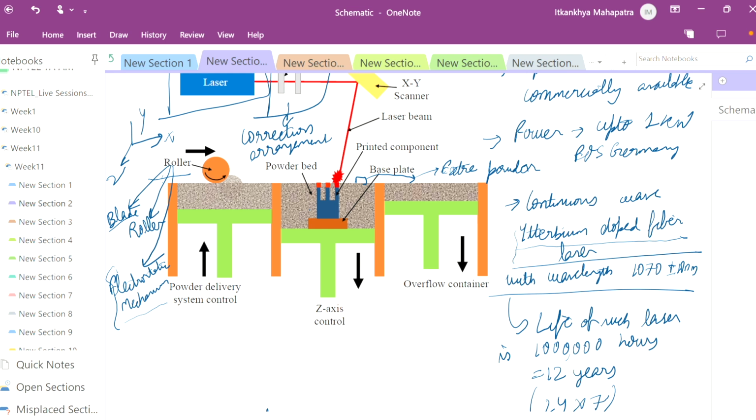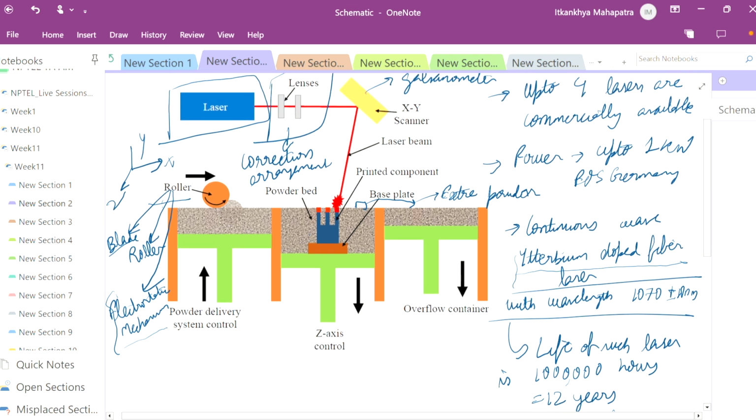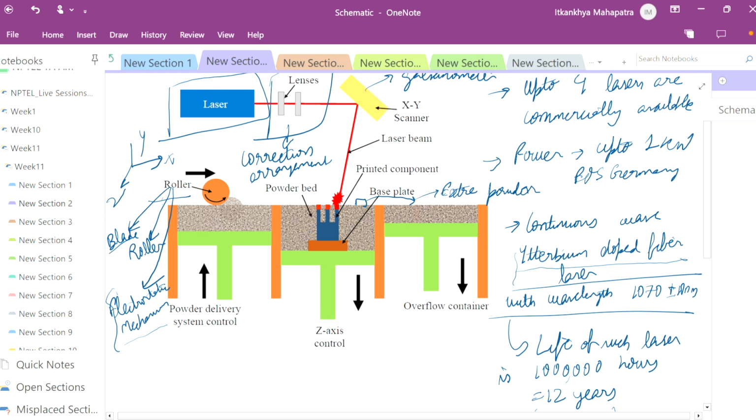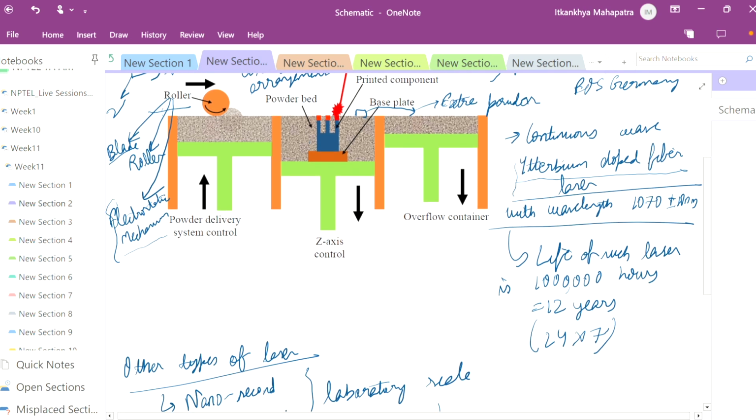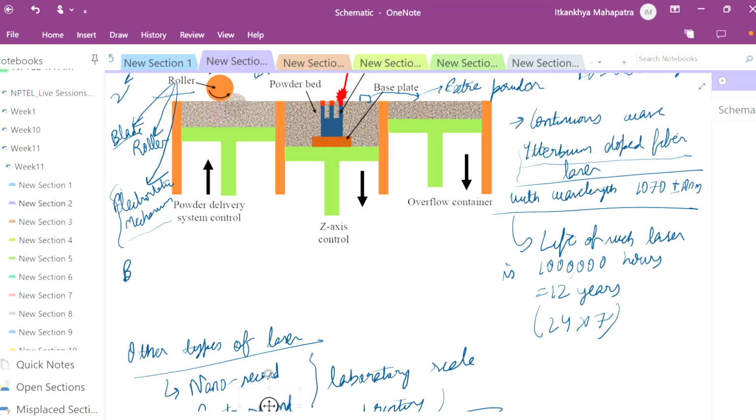Next we have the base plate. The base plate can be heated or non-heated, and your powder bed may be heated or non-heated.